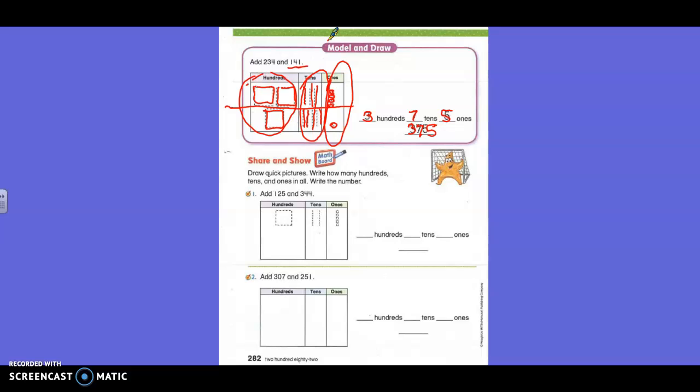Okay. So, let's do number 1 on share and show. Okay? Add 125 and 344. So if we are drawing this, 125, how many hundreds is there? Isaac? 1. So we're just gonna draw 100 for the 1.